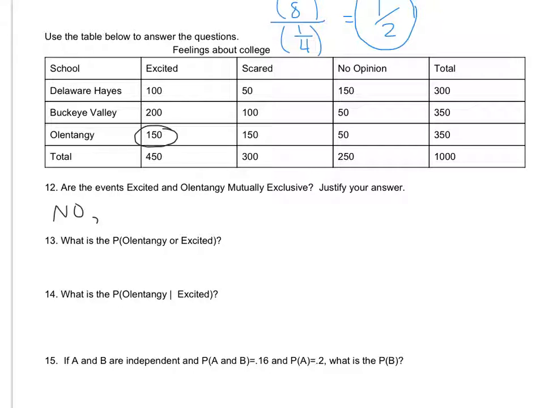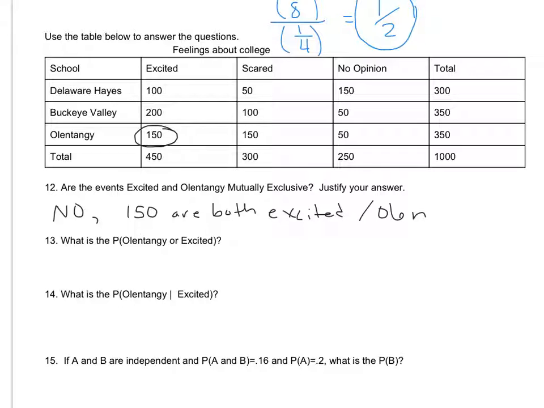When events are mutually exclusive, they can't happen at the same time. But these 150 people are both excited about college and from Olentangy. If they couldn't occur at the same time, or if this was 0, then they would be mutually exclusive.